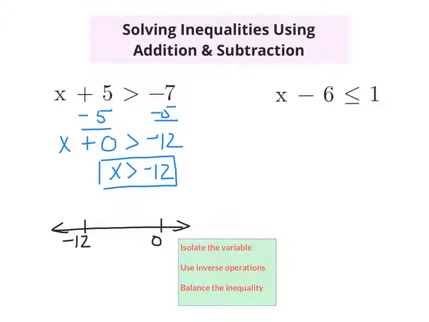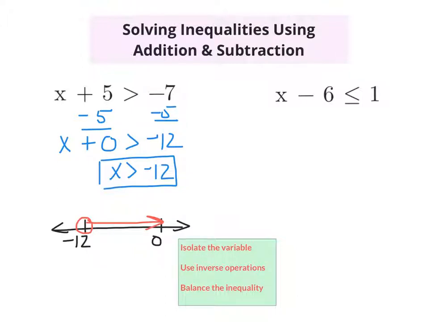And because it is a greater than symbol, that means at negative 12 I'm going to have an open circle. And as I look at my solution set, it says x, which is all of my solutions, are greater than negative 12. Well, for my solutions to be greater than negative 12, they need to go to the right.